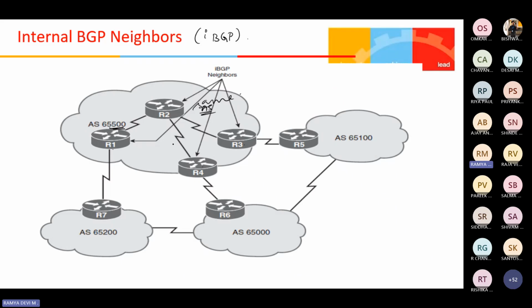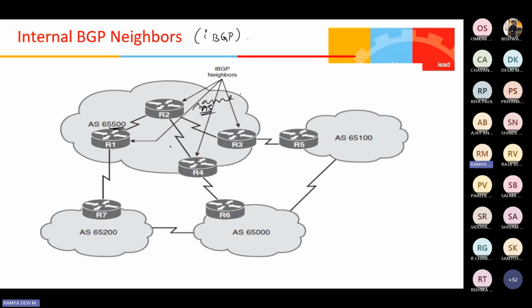A TCP connection is established with the help of TCP port number 179. This forms the session before exchanging the routing information. The IP address is given in the neighbor command, and it must be reachable via IGP before BGP can form a session. iBGP neighbors do not need to be directly connected, whereas in eBGP they do.